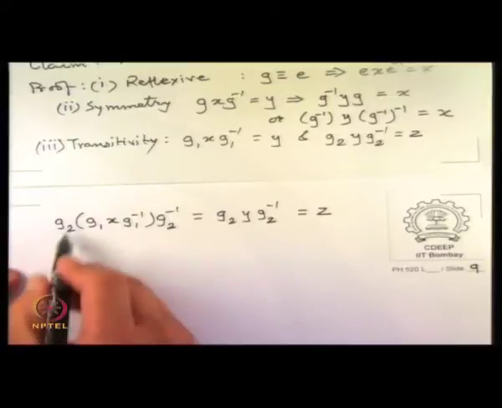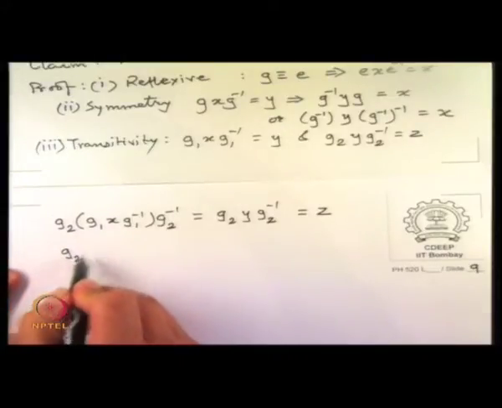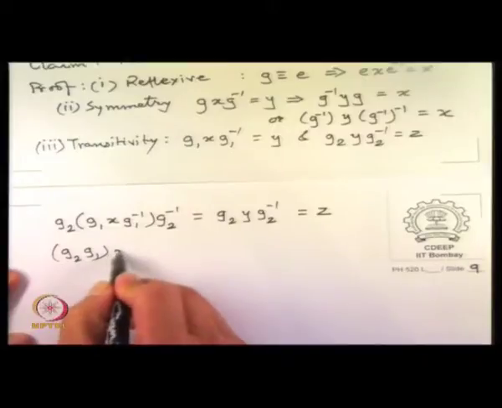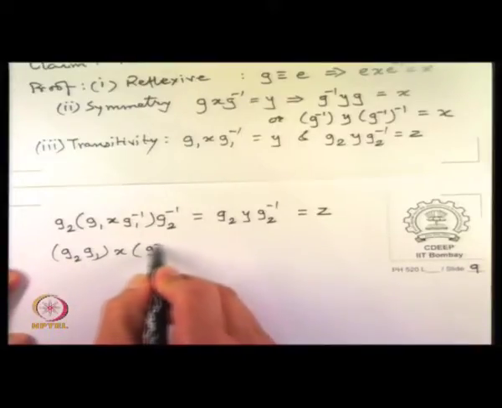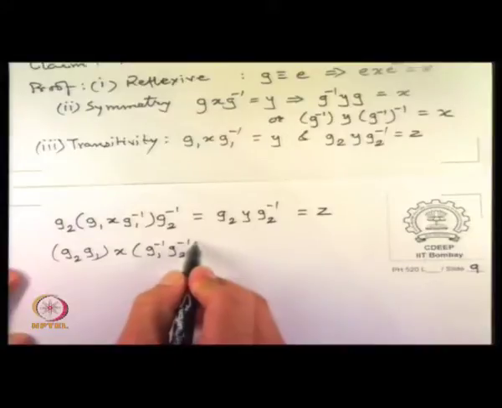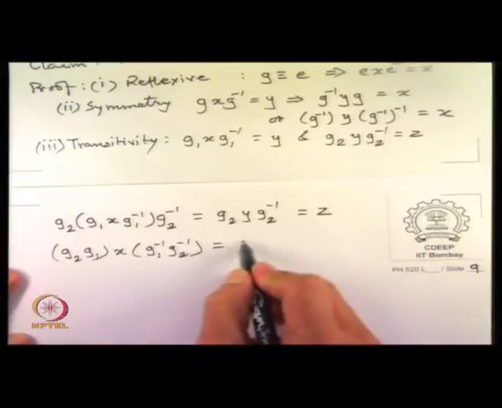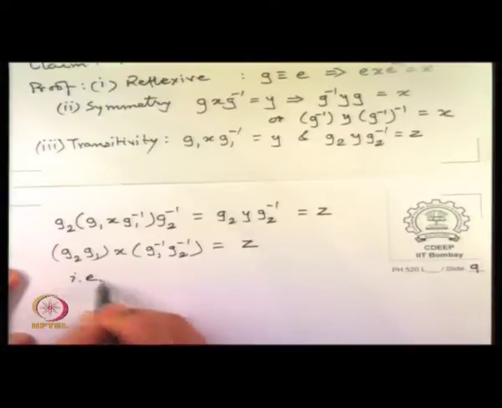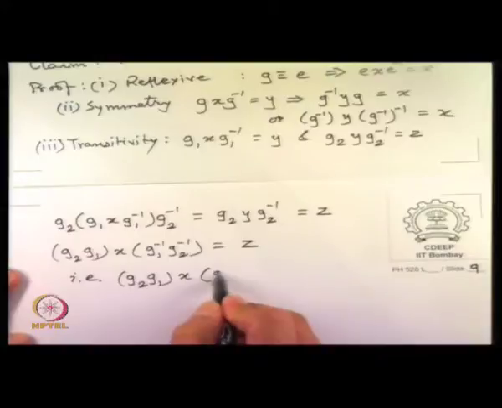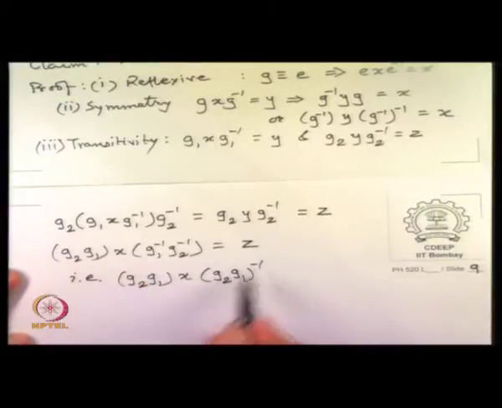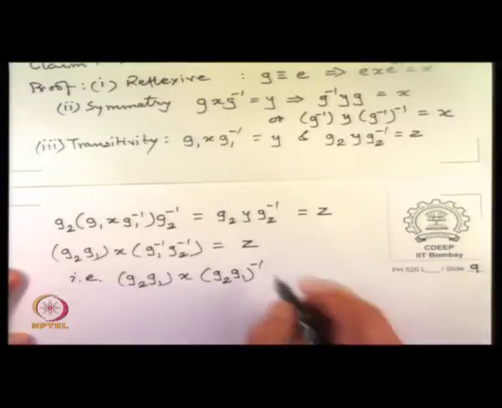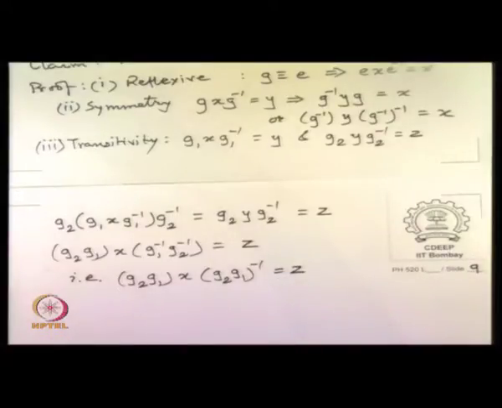But then I rearrange this to write it as g2 g1 x g1 inverse g2 inverse equal to z, that is to say g2 g1 x (g2 g1) inverse, because (g2 g1) inverse will be equal to g1 inverse g2 inverse, and that is equal to z. So that verifies transitivity.